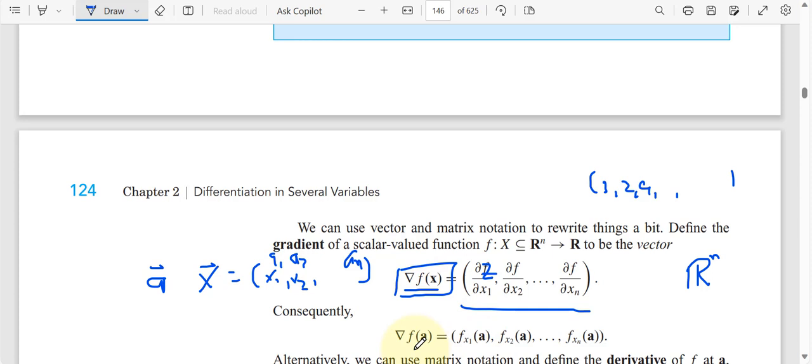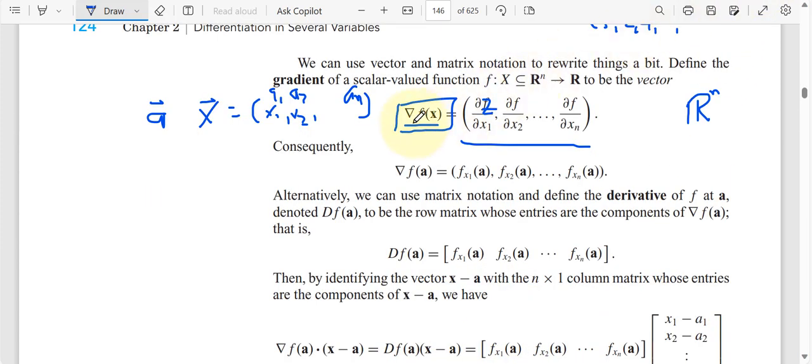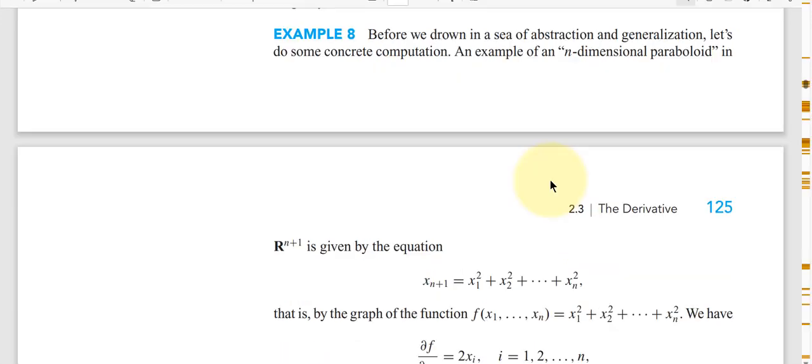So we want to know what this evaluates to when we put in a particular set of values a, and then of course we put the particular values into each of these pieces. So this is the gradient, which is a vector, and this is the gradient evaluated at a particular point in n-space.